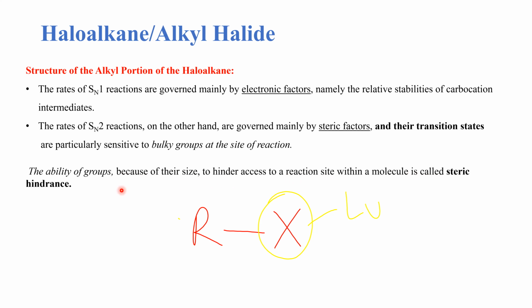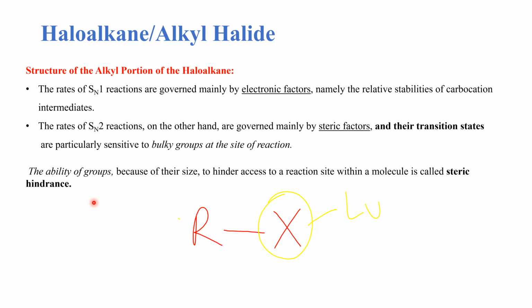So if the entry point or the site of the reaction from where the nucleophile has to attack the haloalkane is covered or blocked by some groups, then this is called steric hindrance.